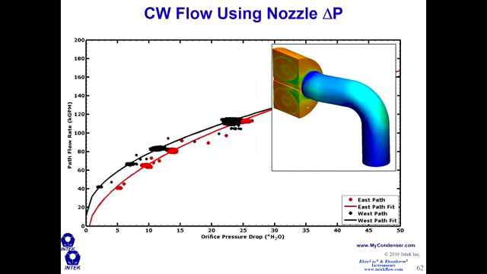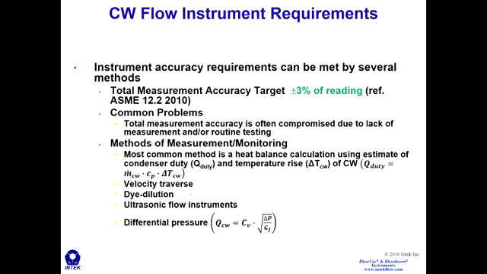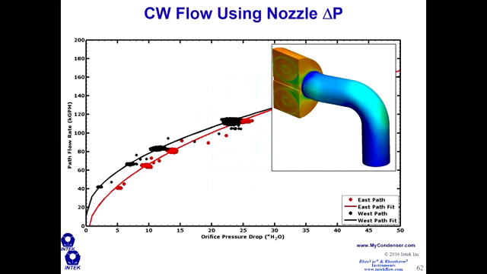locations for these differential pressure taps, and you would calibrate this differential pressure using one of the other methods, either an ultrasonic, a dye dilution, a velocity traverse, or in some cases a heat balance. And so you would come up with a curve like this.